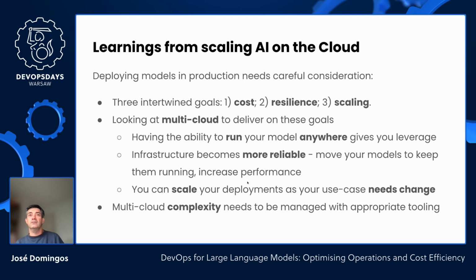So this multi-cloud capability really is quite important, and that's where, of course, DevOps can help, right? Because we can be the enablers of this multi-cloud capability. But multi-cloud, as everyone knows, carries added complexity, and you need appropriate tooling to do that. It doesn't come without effort.